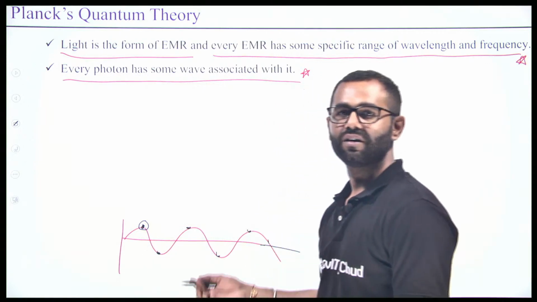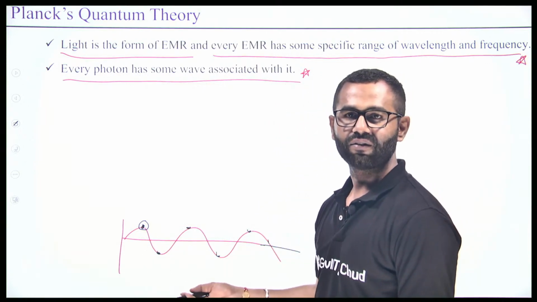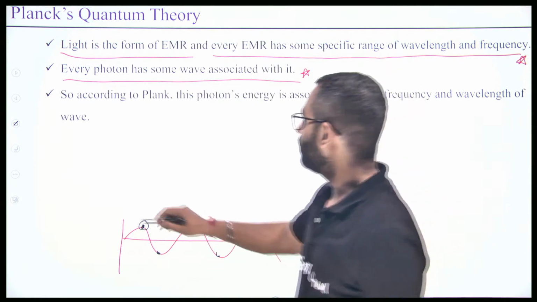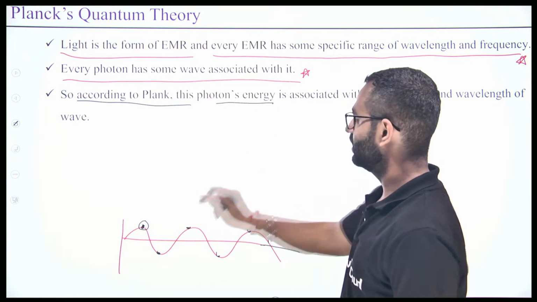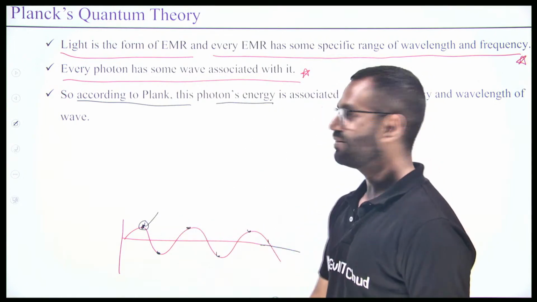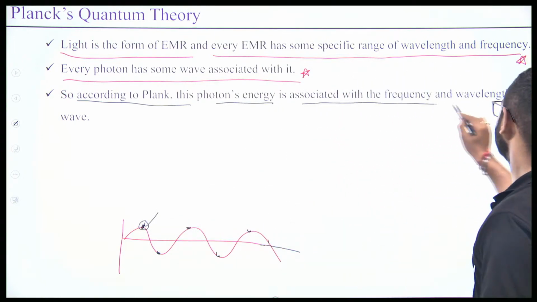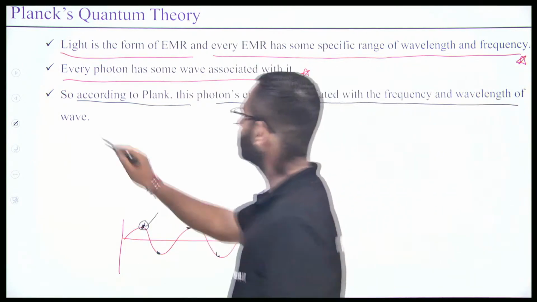The photon is riding the electromagnetic wave. Understood? So according to Planck, this photon's energy is associated with the frequency and wavelength of the wave.